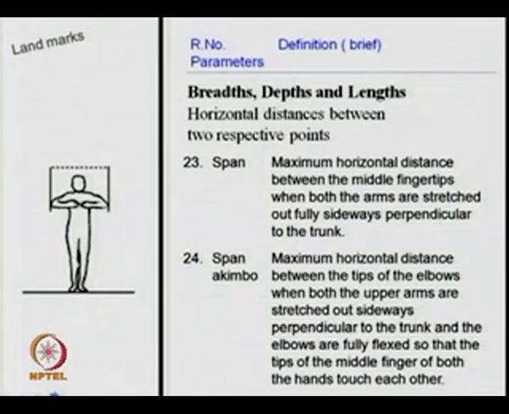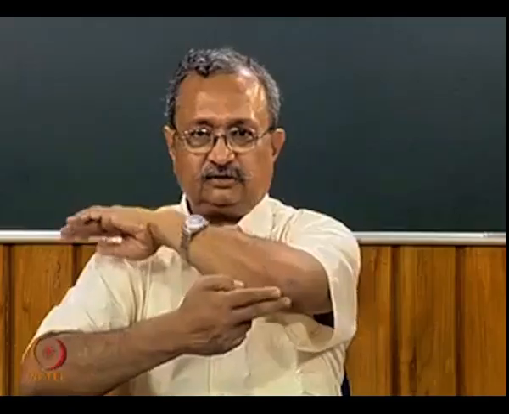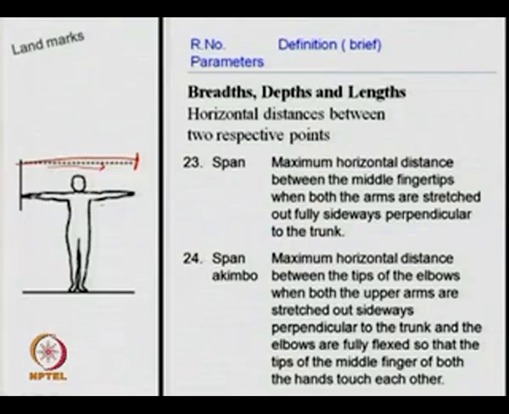Span is when you extend your full arms, and when both arms are folded at the elbow like this, this is span akimbo. Breadth, depth and length are horizontal distances between two respective points.